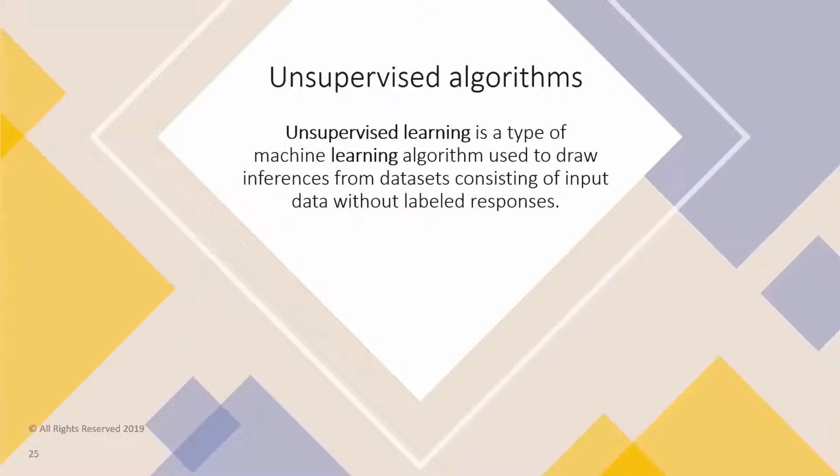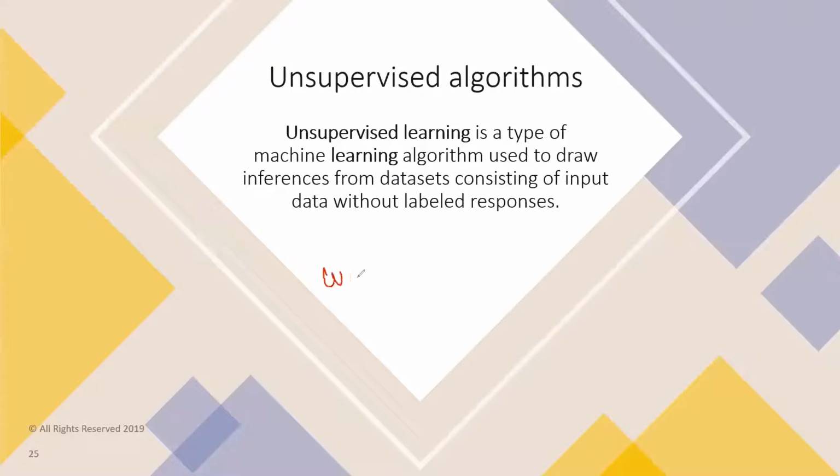Okay, so unsupervised learning is a type of machine learning algorithm used to draw inferences from data sets consisting of input data without labeled responses. So what do you understand by this? Simply, we can say that unsupervised learning algorithms are applied on the data which has got no output variable to predict.